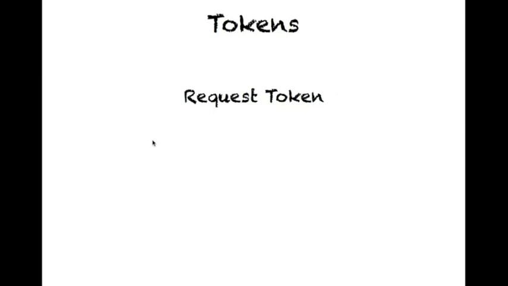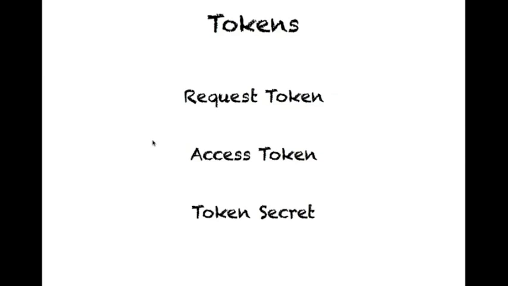First we get a request token from the service provider, and then let the user authenticate it so that he can then elevate it to an access token, which is a value passed by the consumer to the service provider to get the data that it wants. Then the token secret is the value within each token that provides some sort of password or a hash that tells that the token is owned by the consumer.